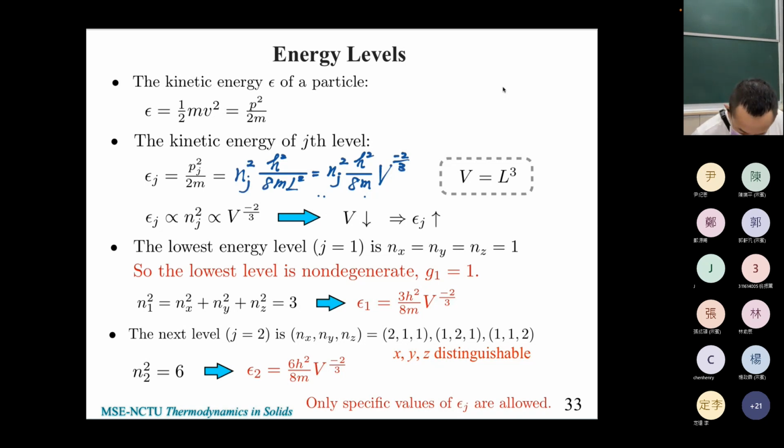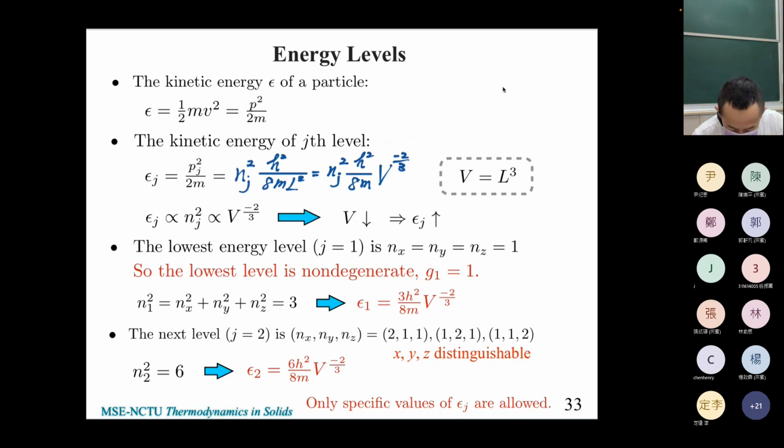I guess you can see that it's okay for you. So the epsilon j is proportional to nj squared, no problem, and of course proportional to V to the power of minus 2 over 3.